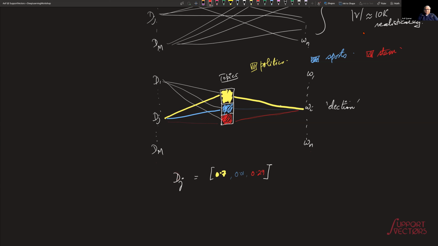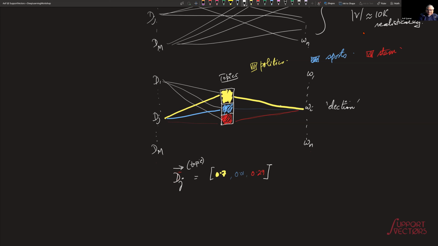If you observe, initially the document was in terms of words, and now in terms of topics. If I represent the document vector in the topic space, it is just a three-dimensional vector. Do you see that?